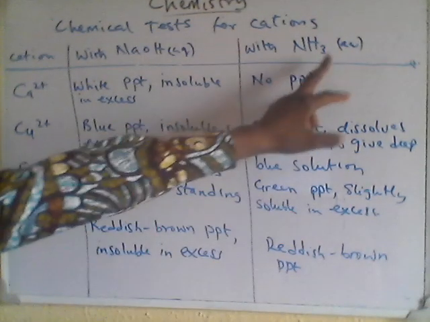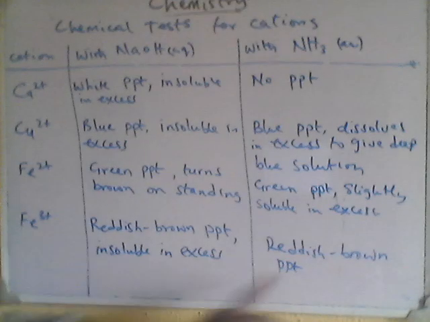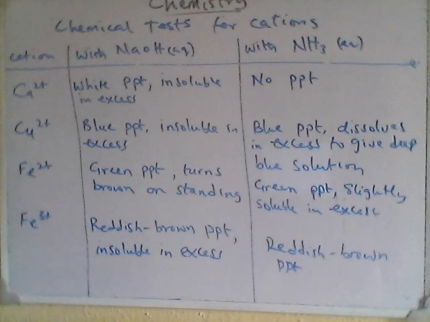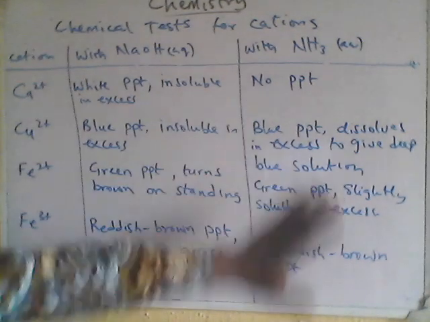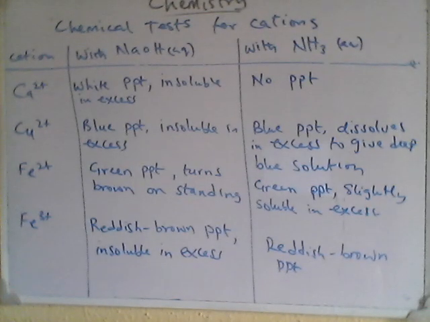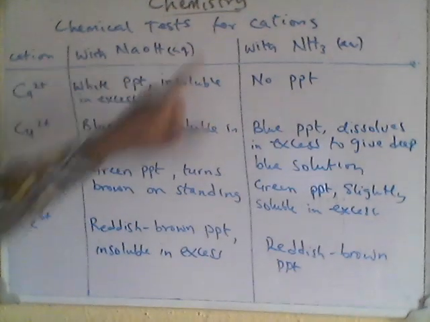If I'm putting aqueous ammonia in ion 3 and I'm seeing a reddish brown PPT, you are suspecting ion 3. Okay, so that is the essence of this. You need to know this. Memorize this. Memorizing is just a way of saying you should just know what every cation is capable of producing in either this solution or this solution.